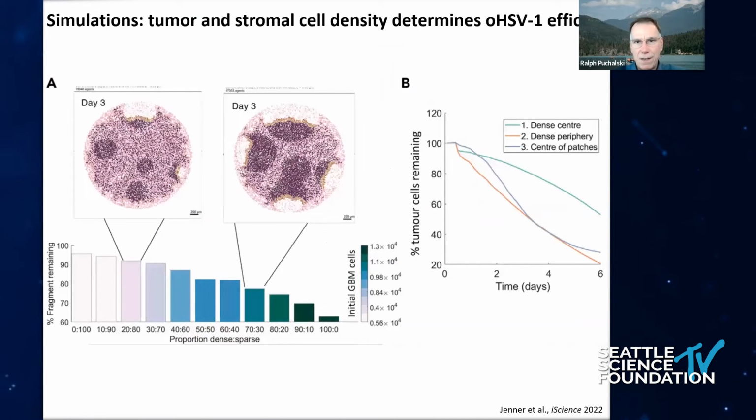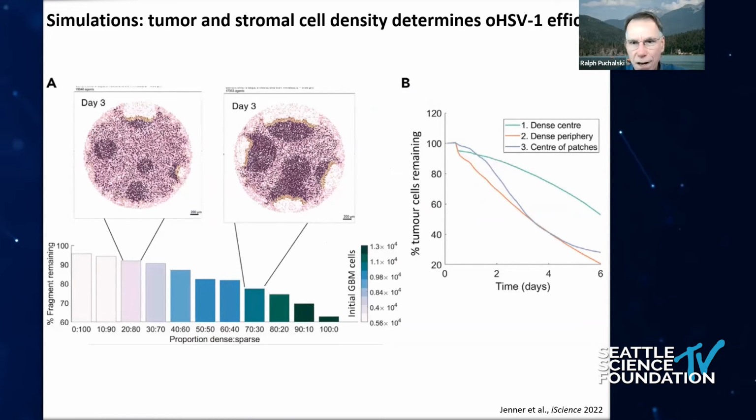So this shows a range of tumor tissue configurations that we used and generated, with the dense and the sparse regions making up the proportion of the total area denoted by the dense sparse fractions here on the lower left. So for different proportions of sparse and dense regions, the fraction of the tumor tissue remaining was calculated after 72 hours.